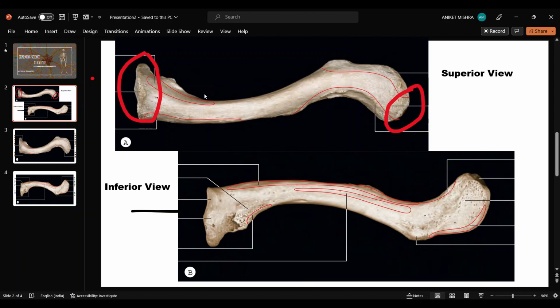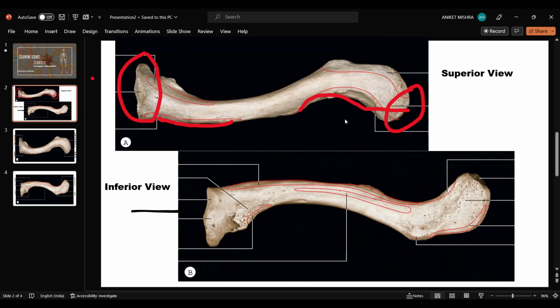If we want to know which is the anterior side and which is the posterior side, we see the convex side forward from the medial side, and when we see it laterally, the concave side is the forward side of the clavicle.